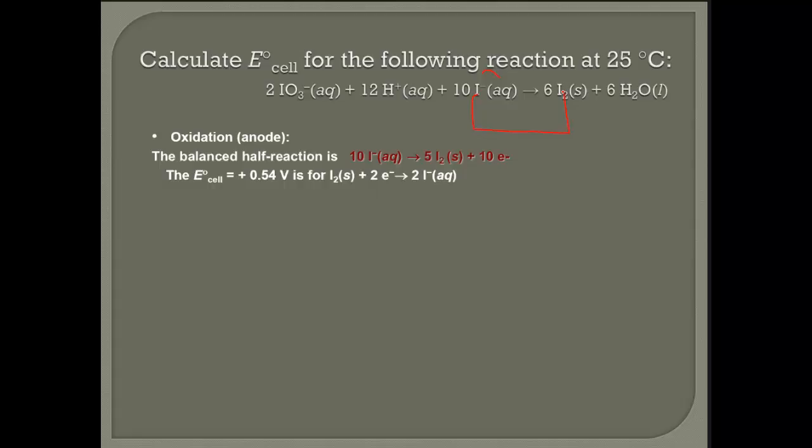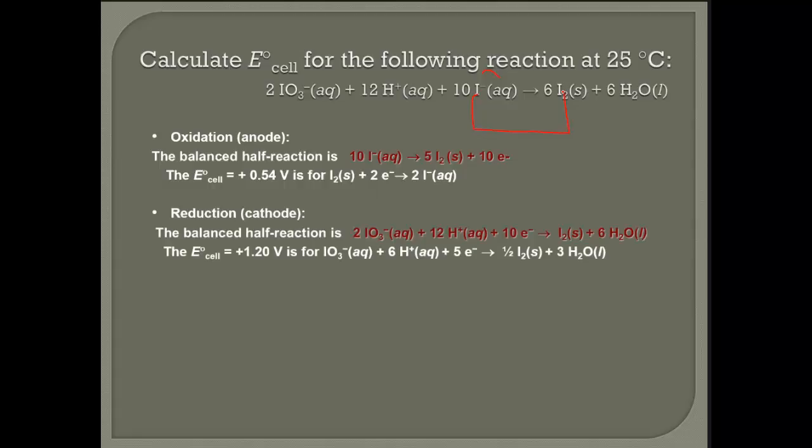The IO3 is going to the water. This is the reduction half. Notice here is the equation for that reaction. That's going to be our cathode.